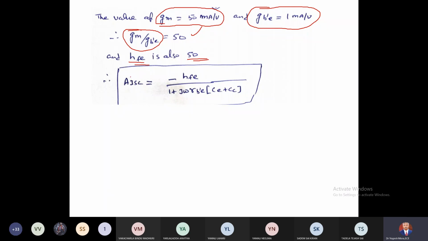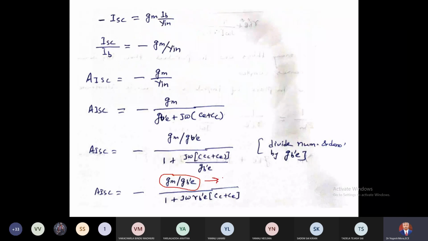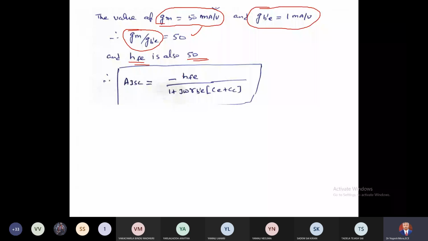So the current gain in the numerator, this value, the typical value is 50, can be represented as hfe. So we have minus hfe divided by this. This will be the expression of your short circuit current gain.